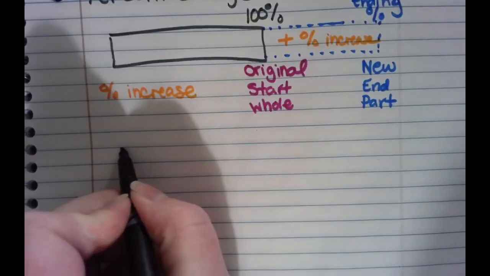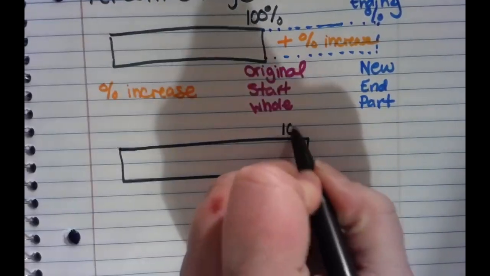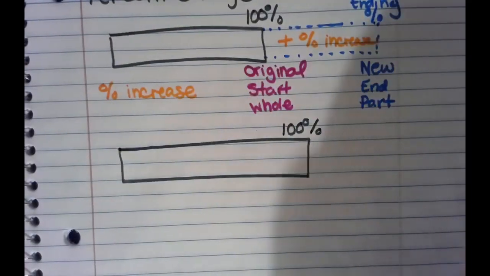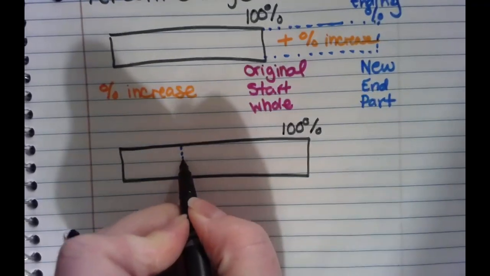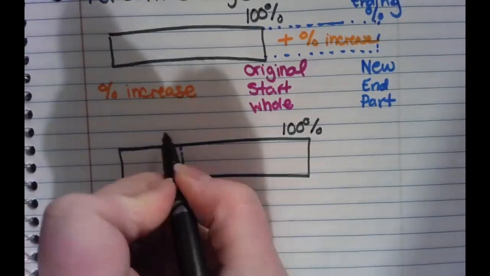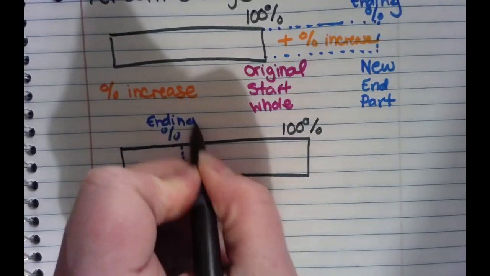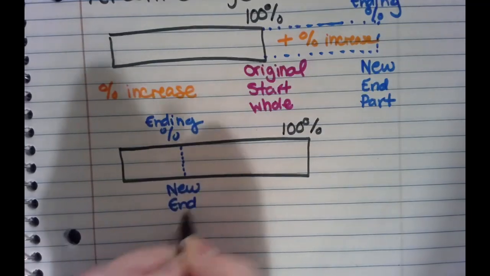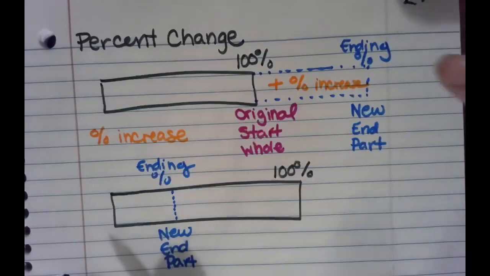What if we had a decrease? So here's our tape diagram. Again, we start at 100%, but then what happens if we have one of those days where we decrease? Then we're still going to have an ending percent. We can still call this the new, the end, the part. See how it doesn't really matter if it's on the left side of the tape diagram or the right side.